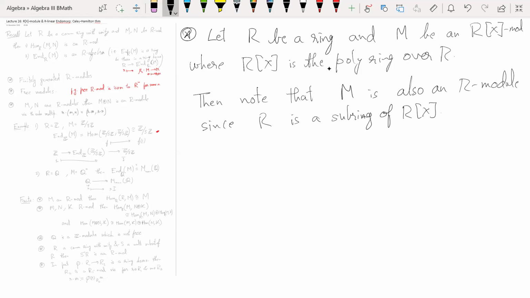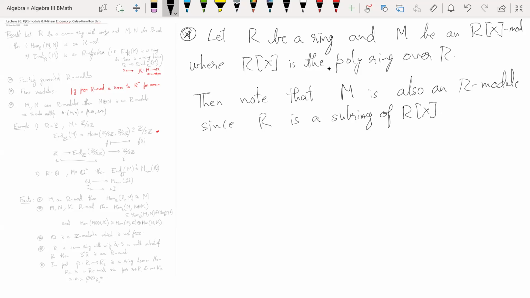But of course this loses some data. We don't know how X acts on M. So somehow we have to gather some more information. Just looking at M as an R module, we can't recover the R[x] module structure on M. I want to collect enough data so that I can recover the R[x] module structure. So another piece of data is the action of X on M.